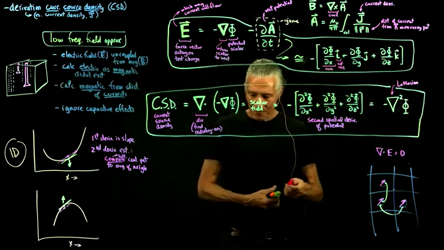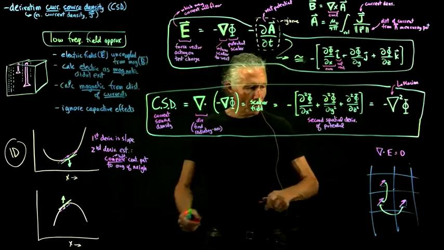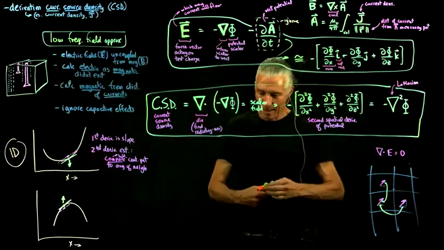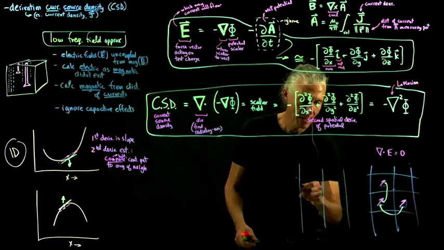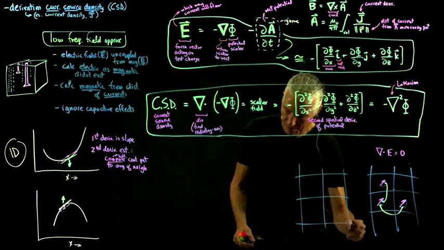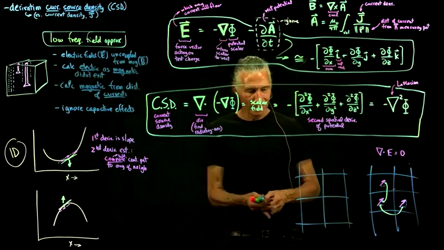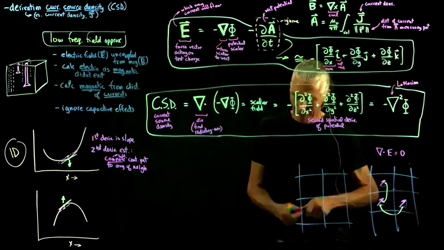But what is another situation that has vectors pointing in different directions that still has 0 divergence?